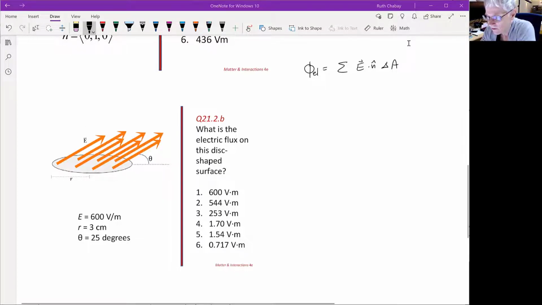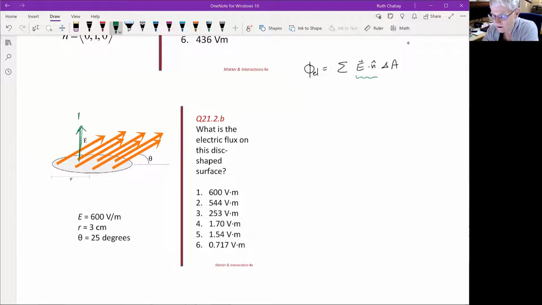A little thought is required here, because when we're evaluating E dot n hat, we have to think about what n hat really is. n hat is going to be the unit vector perpendicular to the surface. And so this is n hat.